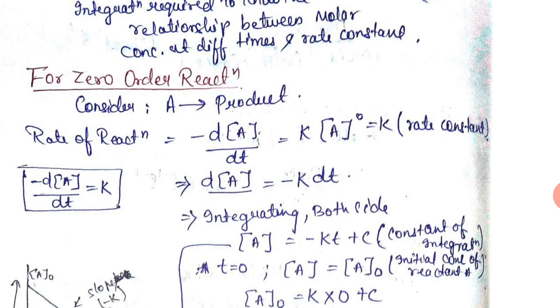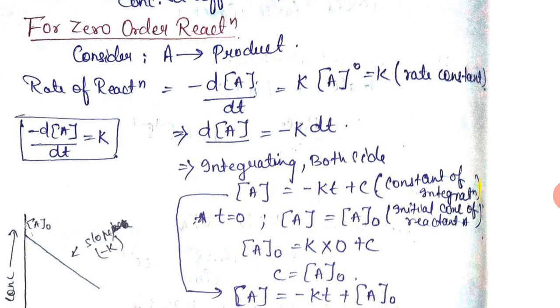So consider A gives product. The rate of reaction is minus d[A] by dt is equal to k[A]^0, which is equal to k.